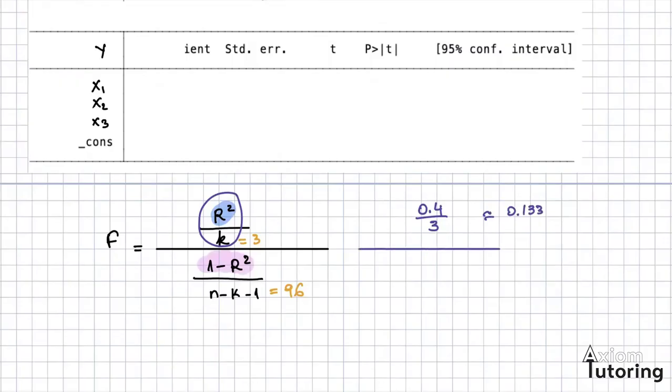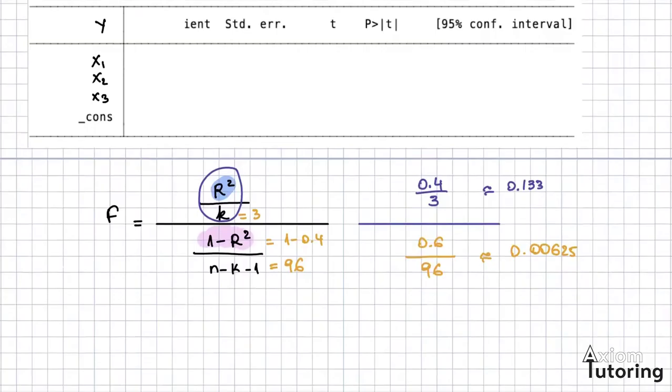And then we have in the denominator 1 minus R-squared, which would have been simply 0.6, given that it is 1 minus 0.4, divided by n minus k minus 1, which is the 96, and that's going to give us approximately a number that is quite small, 0.00625. So now that you have both the numerator and the denominator, you can do the computations, and no surprise, you're going to see that the F value here is still that 21.3 that we found in the previous video. Okay.